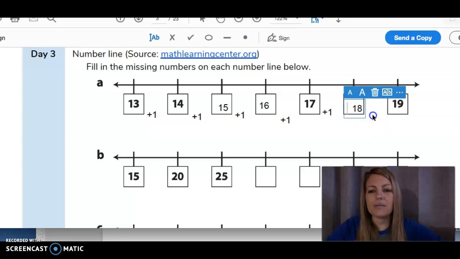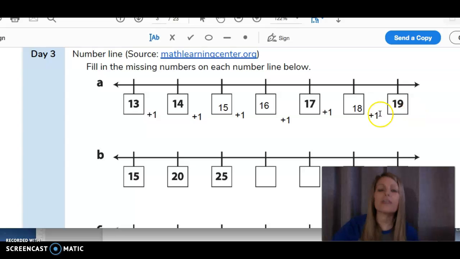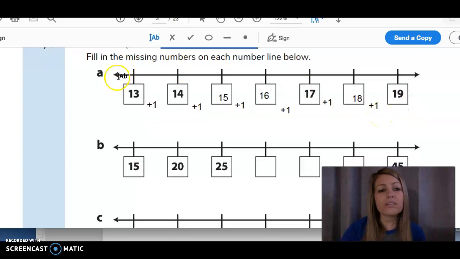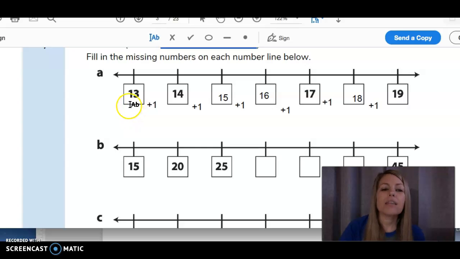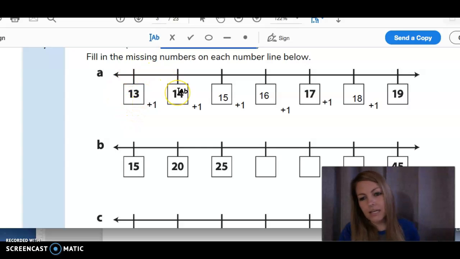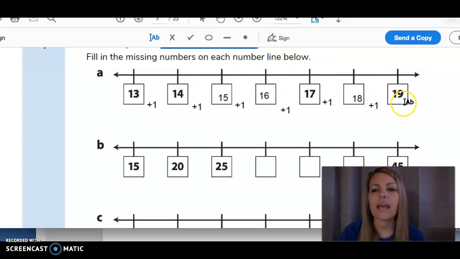And lastly, what's 18 plus 1 more? 19, which they already have for us. So in order to fill out number line A, we had to determine what the pattern was. So we looked at 13 and 14 and we found that to go from 13 to 14, you needed to add plus 1. So we added plus 1 to every single box. 13, 14, 15, 16, 17, 18, and 19.